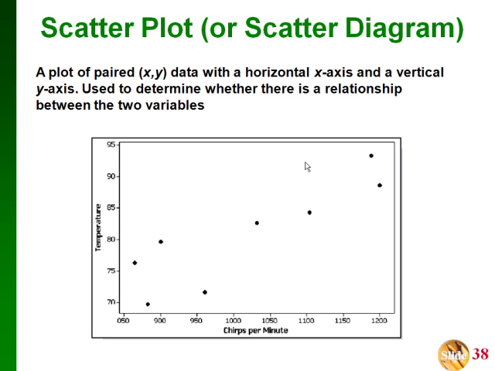We use these to look at whether there might be a relationship between the two variables. In this case, it looks like as the chirps per minute increases, the temperature also increases, and vice versa. So there might be a linear relationship between those two.